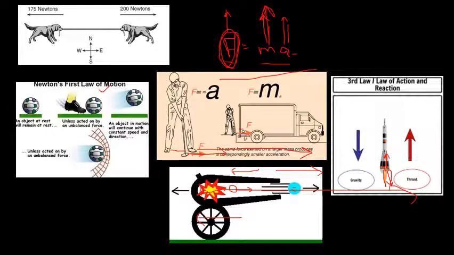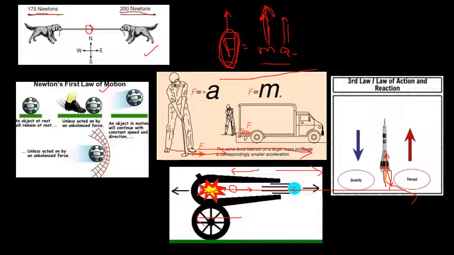You also see a lot of pictures like this up here in the top left corner. They have vector diagrams where they show the amount of force being applied, like 200 newtons here to the right, and we also have 175 newtons here to the left. The net force is the force that acts on the rope.